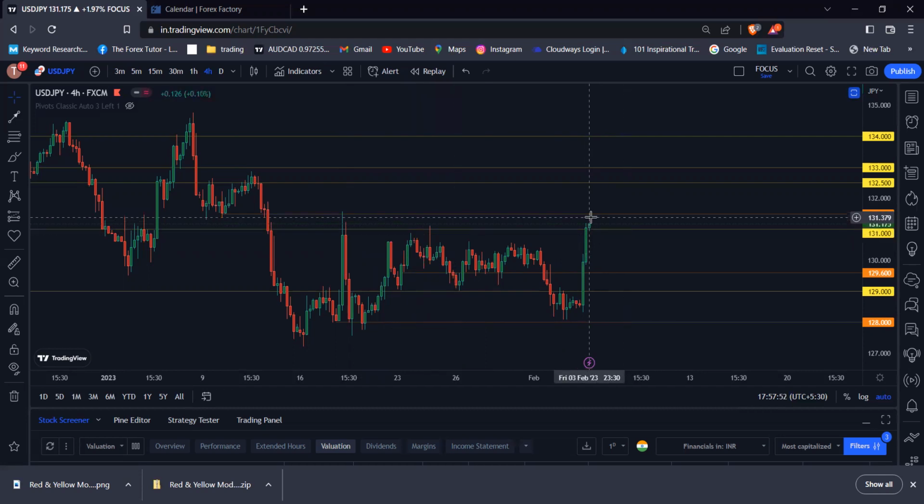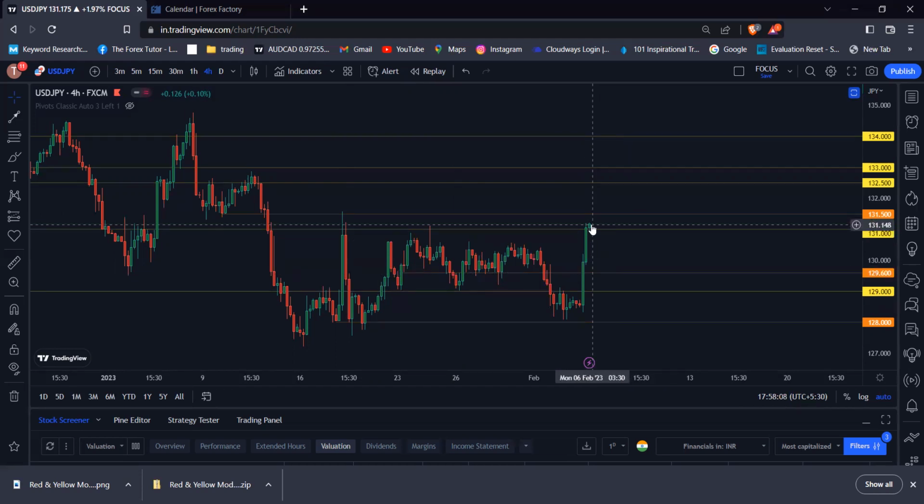In this region, if we see a rejection candle, then it's moving downwards towards the 129.600 psychological number.